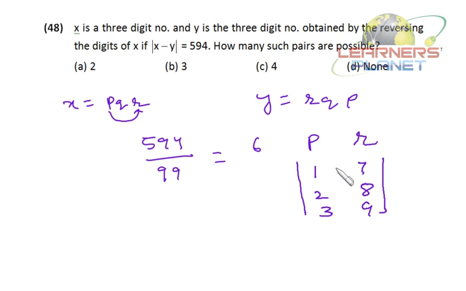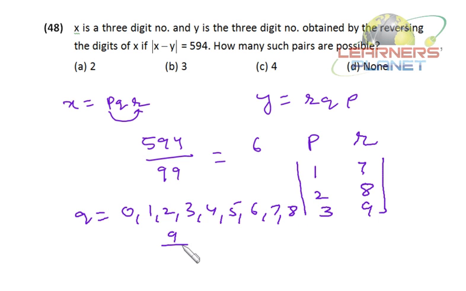But the middle digit, that is q, can have various choices, from 0 to 9: 0, 1, 2, 3, 4, 5, 6, 7, 8 and 9. So for 1 and 7 we have 10 choices, for 2 and 8 we have 10 choices, and similarly for 3 and 9 we have 10 choices. So many such pairs are possible.